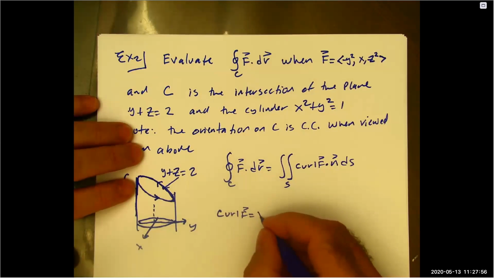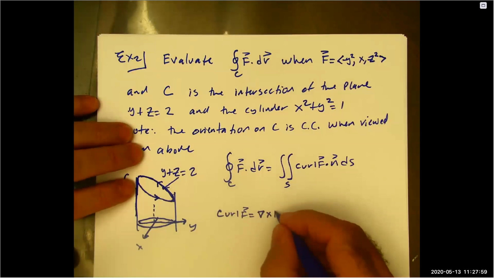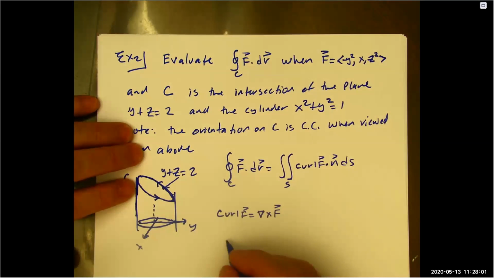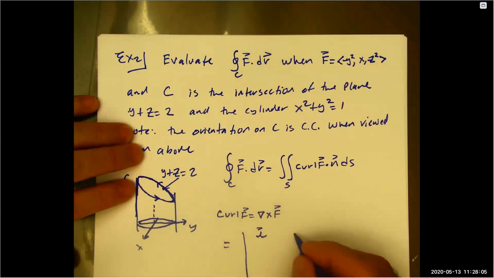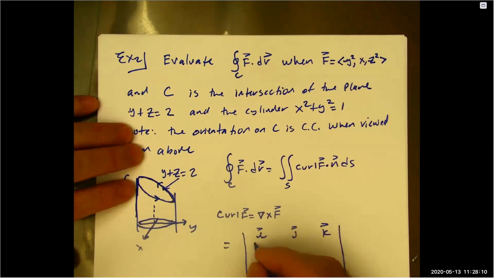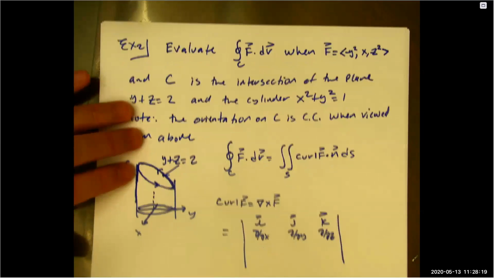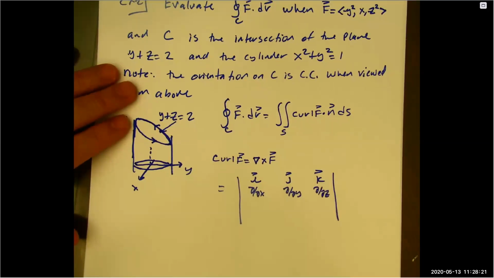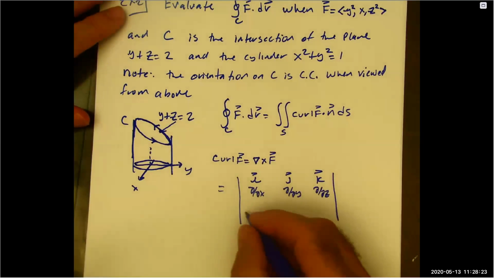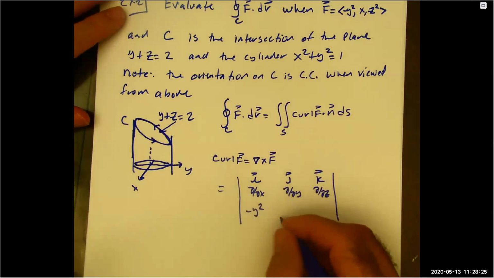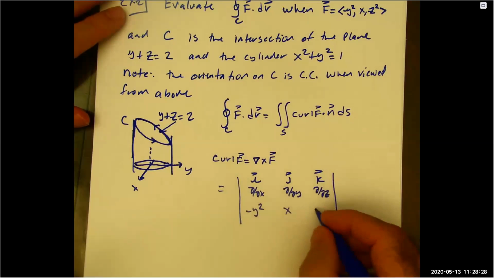Remember, another way of writing that is the del crossed with F. If we put in the components of our vector field, we're going to have minus y squared, x, and z squared.